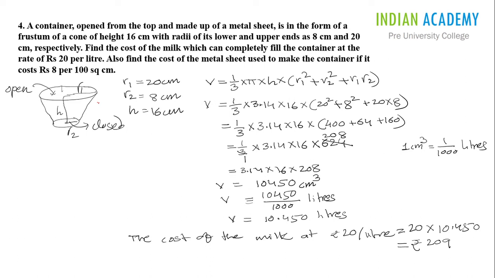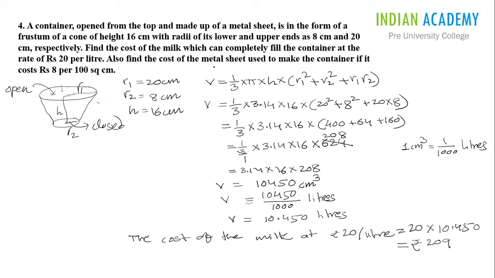We need to also find the cost of the metal sheet used to make the container if it is rupees 8 per 100 square centimeter. Square centimeter is the unit of area, and whenever we are measuring metal sheet, we need to measure its area.